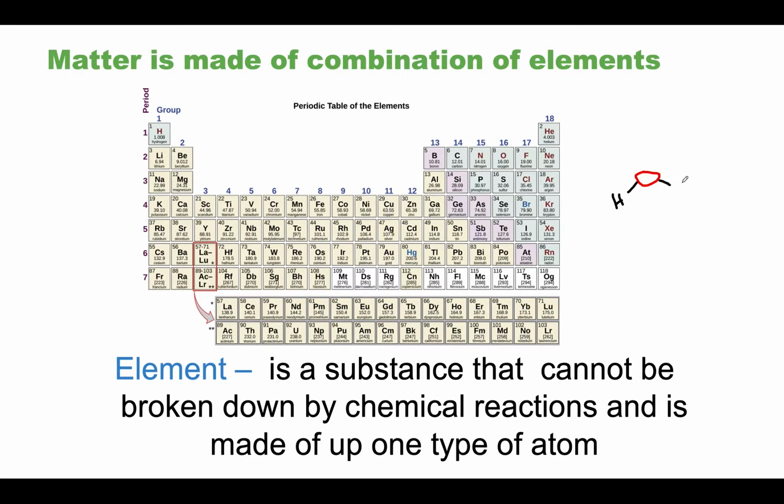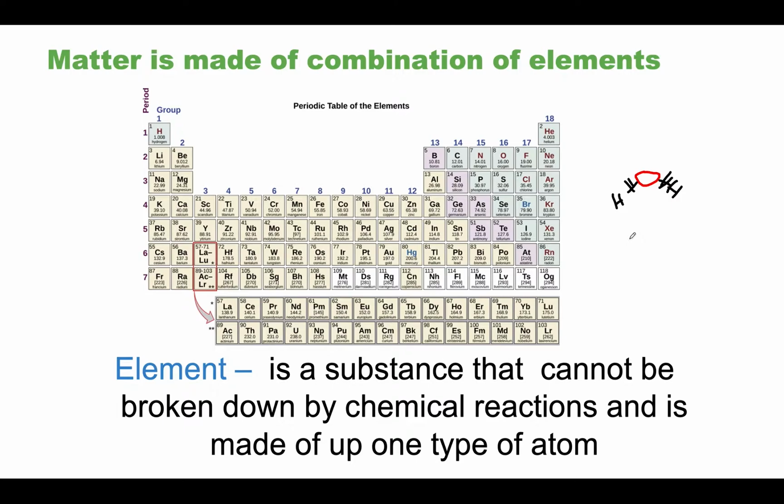By chemical reactions, we can break these bonds between oxygen and hydrogen, and then break this water into its components, which would be the oxygen element and hydrogen elements.